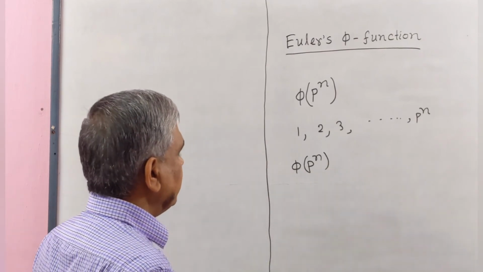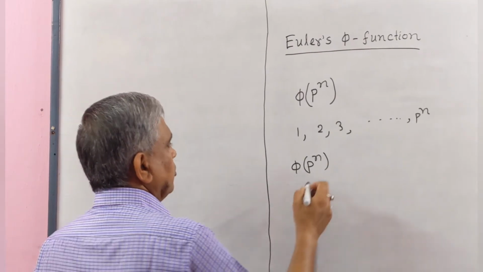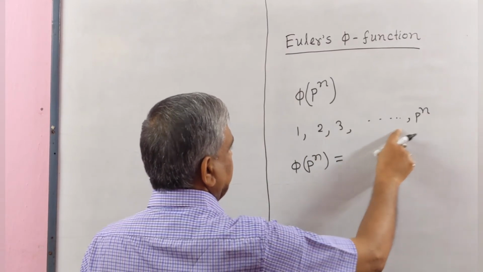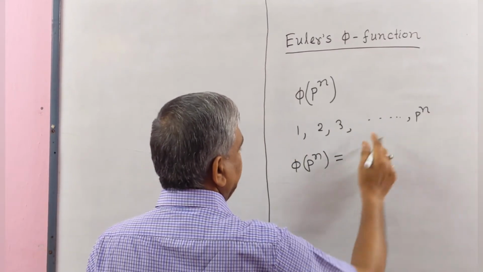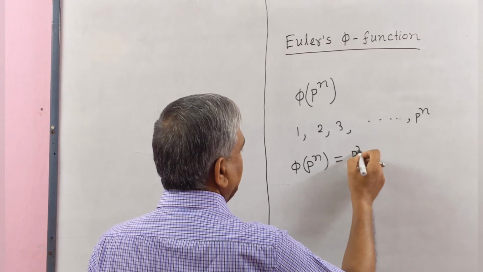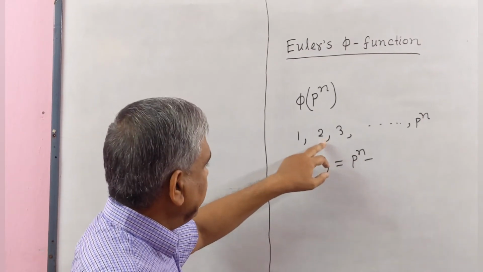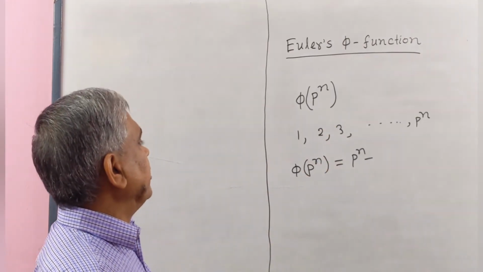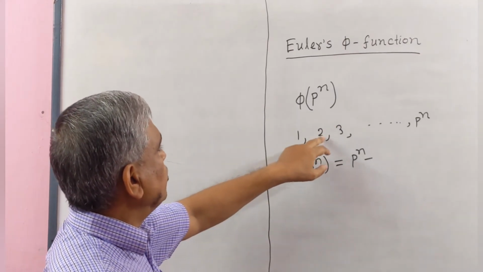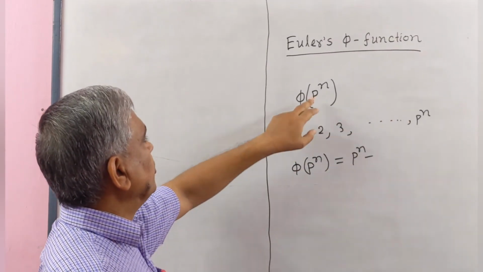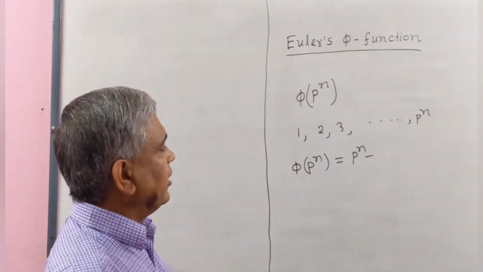For this, we take the number of these numbers be p to the power n minus the number of all those positive integers which are not prime to p to the power n.